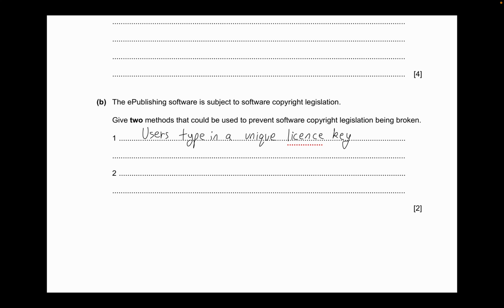The other point is the use of license agreements. You can also mention that users can install DRM. These are parts of code which stops a person from copying it. You can also mention that you can run a software with a dongle, a CD or a pen drive attached, or you can get permission from the owner itself. Those are some other methods that can be used to prevent software copyright legislation being broken.